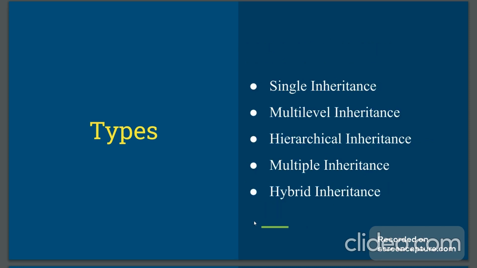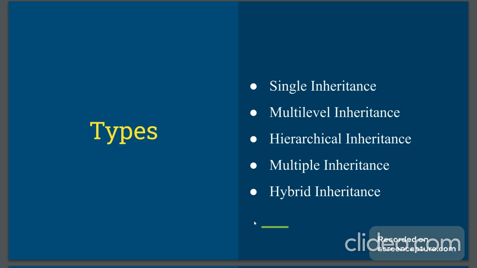We will see the types of inheritance. Depending on the hierarchy, or on whose functionality is being accessed in which class, that is, on the relationship between the number of classes, there are different types of inheritance in Java: single, multi-level, hierarchical, multiple and hybrid.